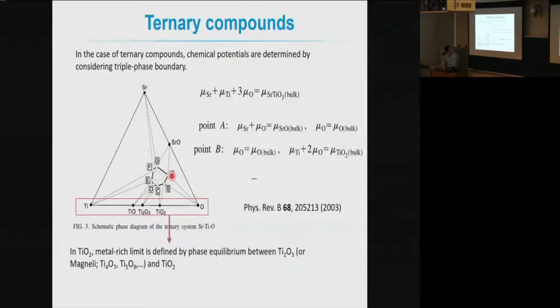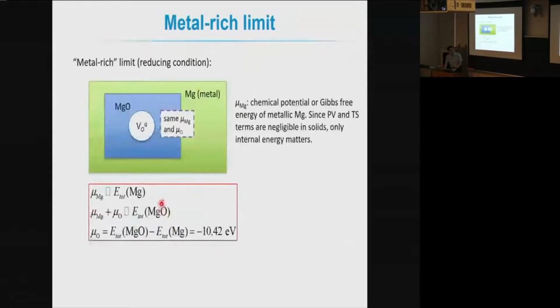All right. Okay. And here one comment is that in the case of the oxygen and the titanium, for instance, if you are interested in the material TiO2, in this case, when this material is in equilibrium with the metal-rich condition, the metal-rich condition in the previous... okay, yeah, it's a mistake.